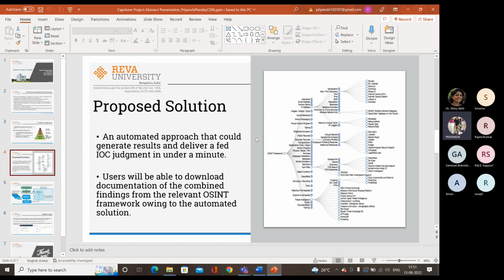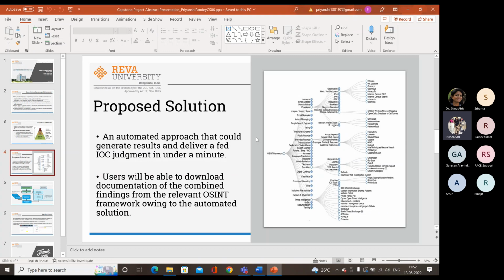If it is true positive, the solution could also suggest the next step. If the URL, for example, is malicious, the tool would suggest that the next step should be to block the URL. Or if the file hash is malicious, the tool would suggest that you can quarantine the file, or you should be removing the file from the host system.